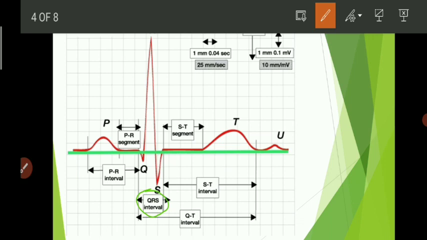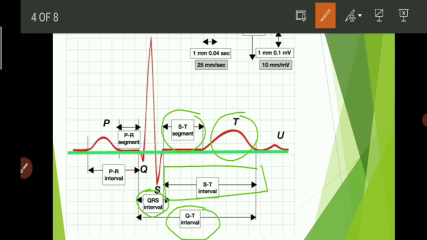Following the QRS interval is the ST interval. ST interval is a combination of ST segment along with the T wave. So ST segment plus T wave forms the ST interval. Last is the QT interval, which is a combination of the QRS complex, the ST segment, and the T wave.